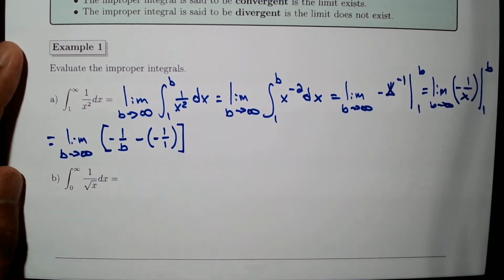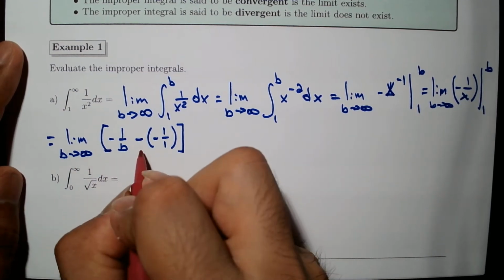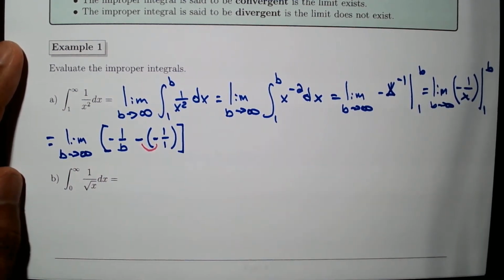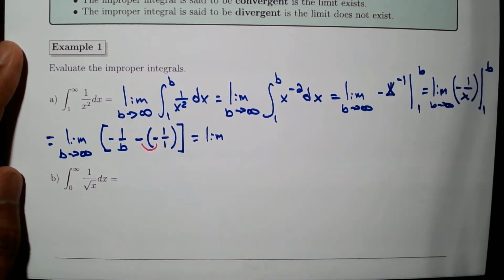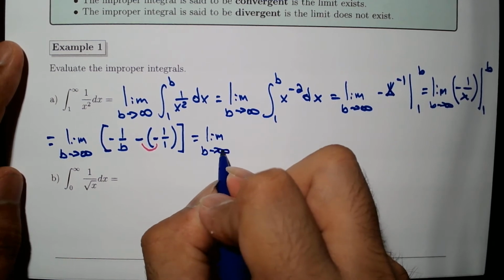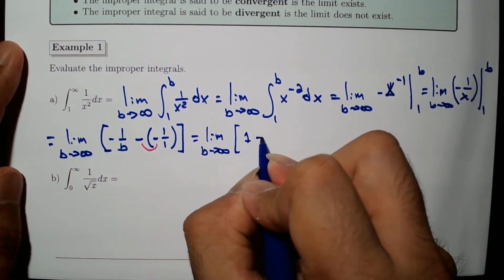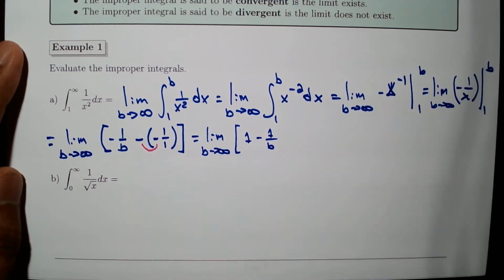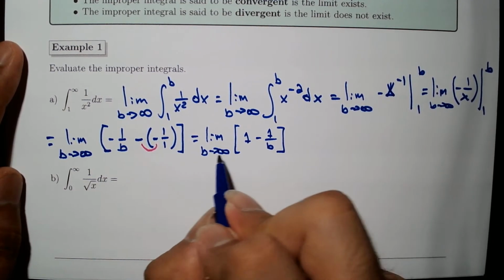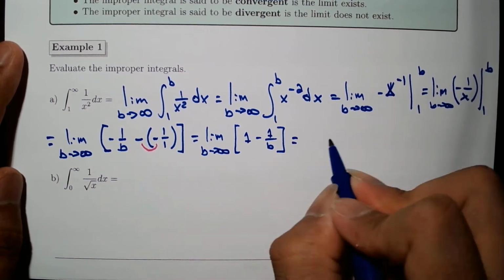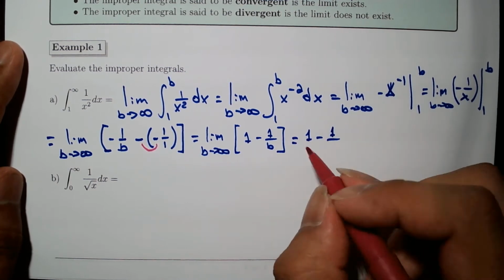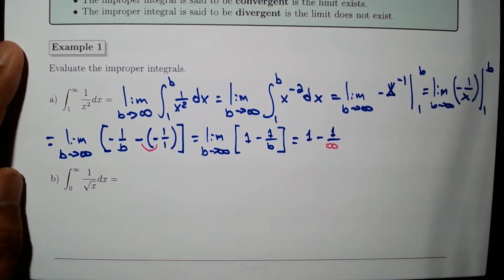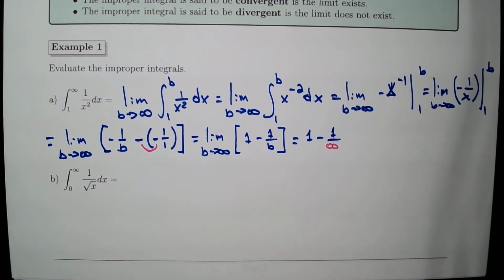Actually, I'm going to use brackets here. And you might want to use the smiley rule here, turn that into positive, and this will become the following. I'm going to write this positive term first, which is going to be 1 minus 1 over b. If you evaluate this limit, I'm going to plug in infinity: 1 minus 1 over infinity. But what happens when we divide by infinity?